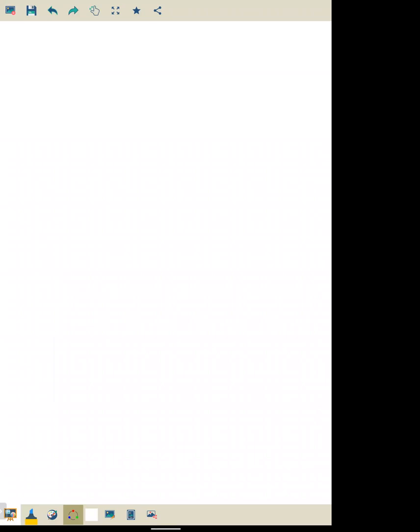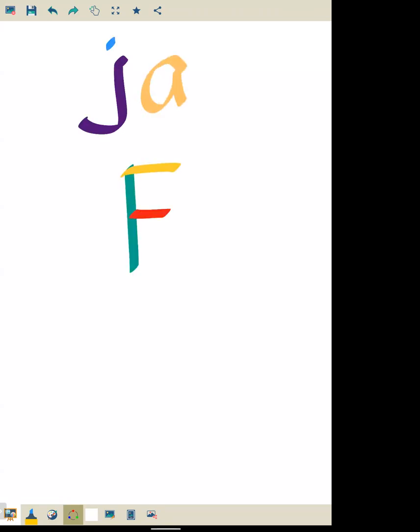Yes. So the ja looks like the Roman E. When it's long A, it's no problem. But with short A, and the difference with the nga, they look the same. So nga with a long A, and ja with a short A. Yes, that is true.